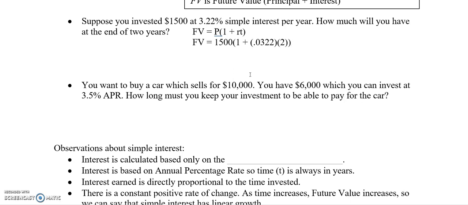So now we just have to make sure that we follow the order of operations and do everything in the correct order. So first thing that we're going to do is to do the multiplication that is inside of the parentheses. So we're going to take 0.0322 and multiply by 2, and that gives us 0.0644.